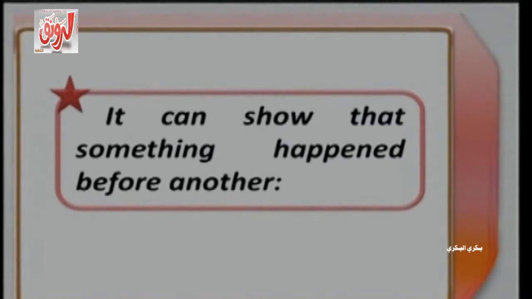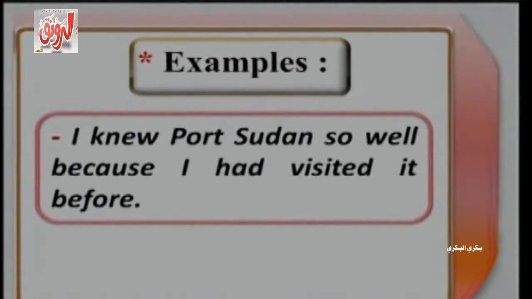It can show that something happened before another. In other words, there are two things, and one happened before the other. See the examples here. I knew Port Sudan so well because I had visited it before. When did you know about Port Sudan?